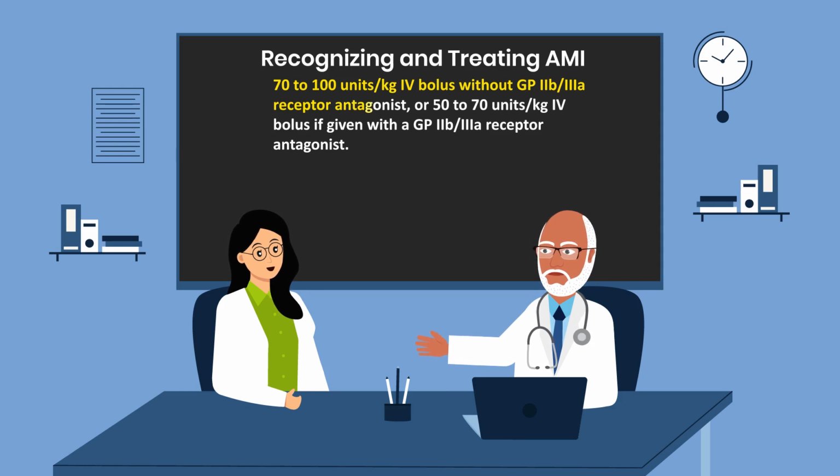And by the way, the 2B3A antagonist is Aggrastat. Or 50 to 70 units per kg IV bolus if given with the GP2B3A receptor antagonist. Again, it's Aggrastat.